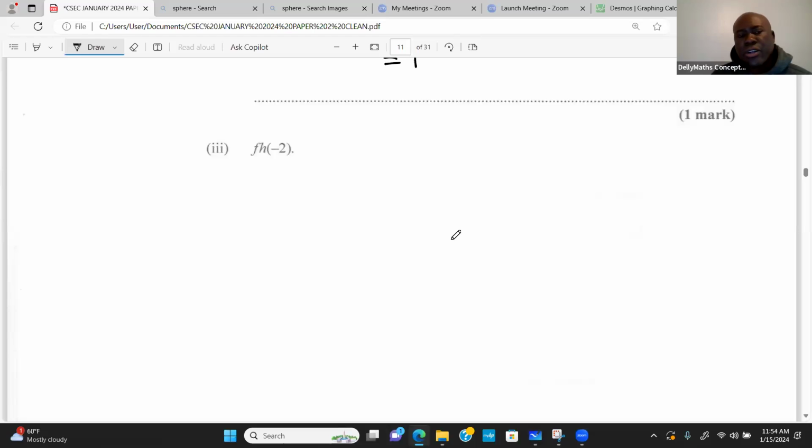Here we're doing a composite function where we're supposed to find f of h of negative 2. In doing so, I'm going to focus on h of negative 2, and whatever response I get, I'm going to plug that into the f. So remember the h function says h of x is 5 raised to the x.